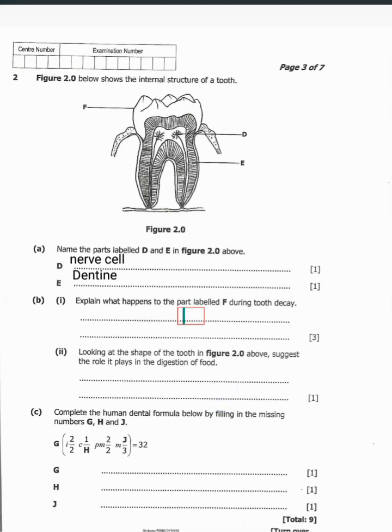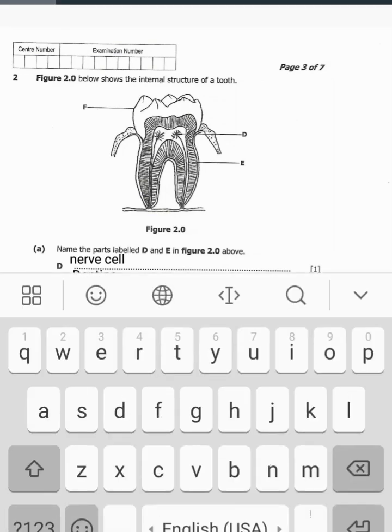Then the bacteria will act on the same food in between the teeth, and after acting on it, it is going to produce an acid. That acid will start dissolving the calcium salts, which the enamel is made out of. From there, it is going to form some cavities. As a result, a person will have tooth decay. So that is what normally happens.